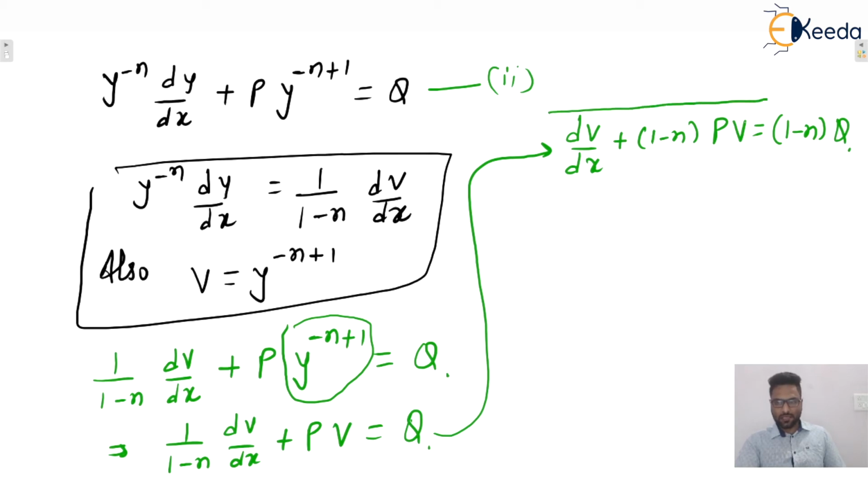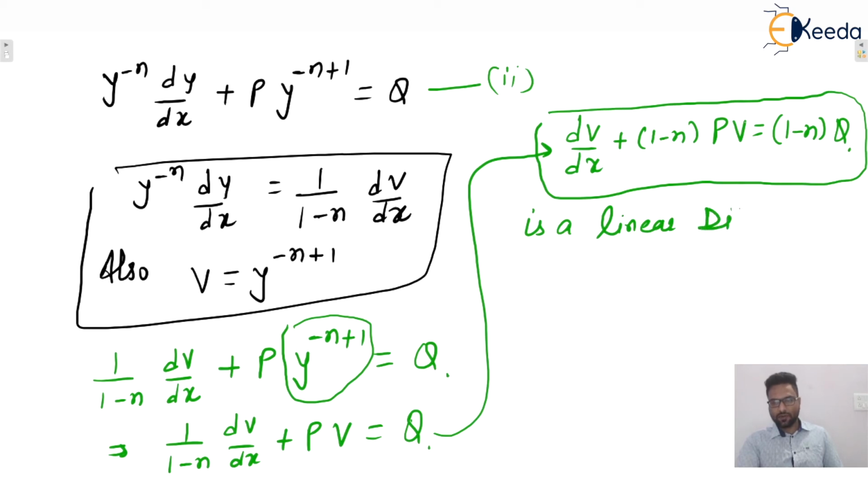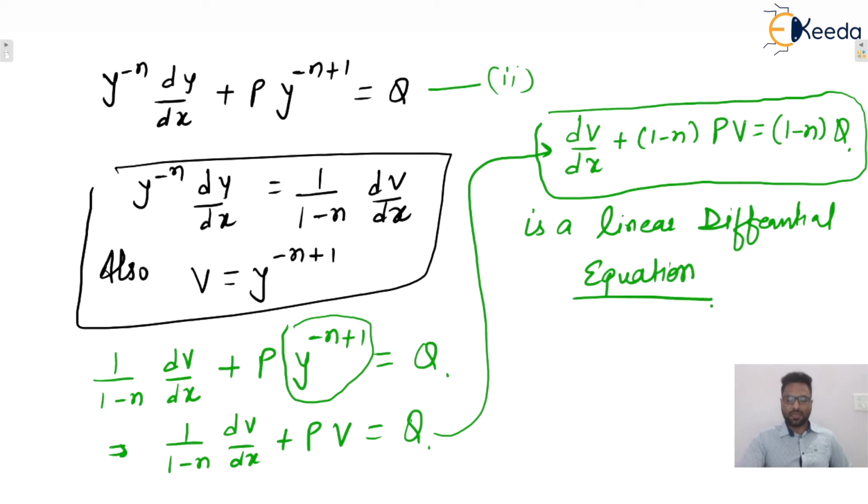Now you can see this Bernoulli equation gets reduced into a linear differential equation. Now this is a linear differential equation, yes or no? And you know how to solve a linear differential equation.